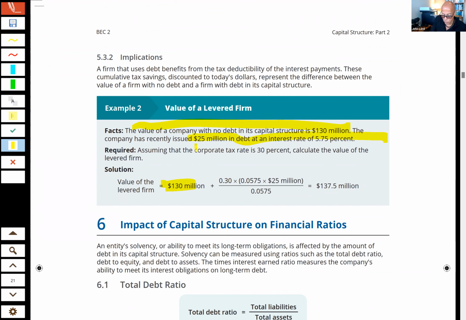They give you the corporate tax rate is 30%. So here I figure out the tax savings on that debt, and I add that to the 130 million, and that gives me the value of the levered firm.